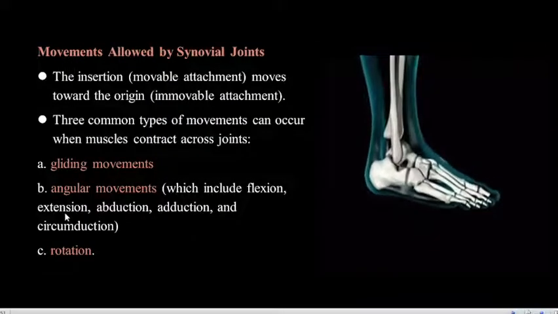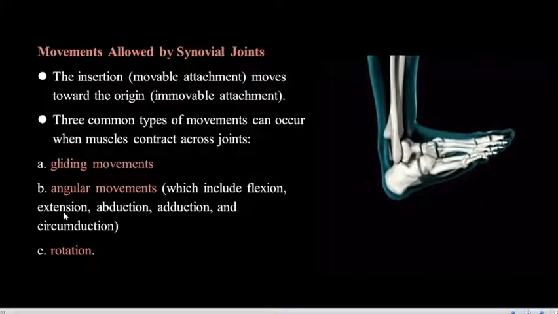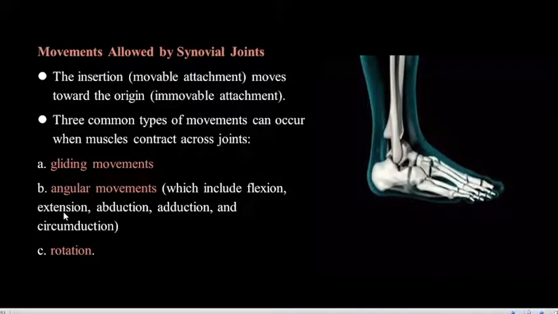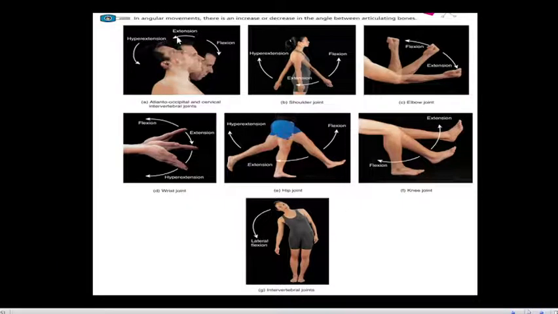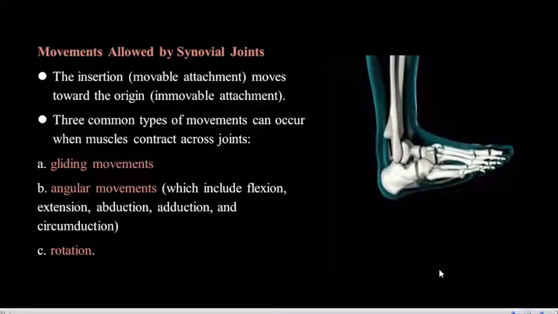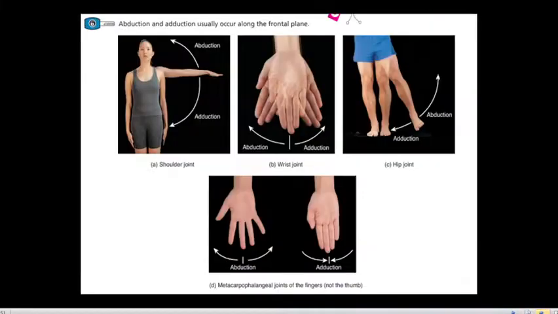Next, you have the extension. Extending meaning lumaki yung angle. Okay? Nag-stretch out. There is an increase in the angle between the connected bones. So, this one, extension, and then hyperextension. Sobrang lumaki ang angle. Okay, next, we have abduction. Ang abduction natin, the movement of the bone away from the midline. Okay, for example, this is the midline, right?